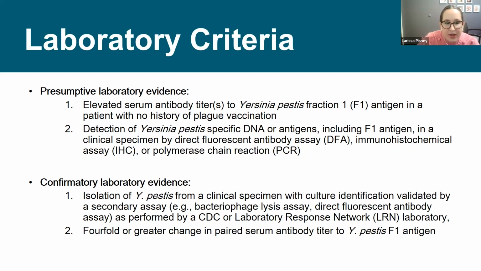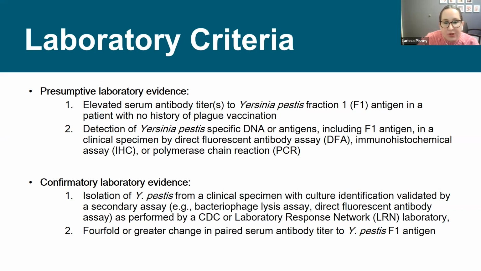So presumptive evidence includes a single titer of greater than 1 to 16 by the same method discussed on the last slide, in a patient with no history of plague vaccination. So that would be suggestive of a diagnosis, and then detection of Yersinia pestis DNA or antigens on rapid diagnostics, so DFA, an immunohistochemical assay, or a PCR.